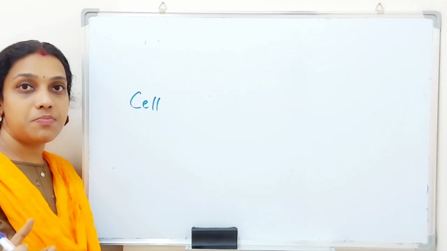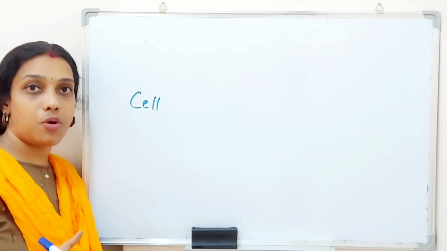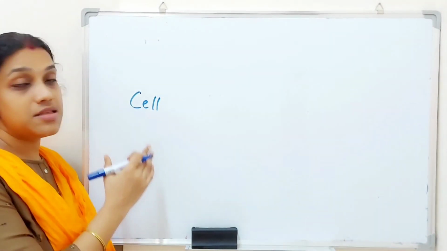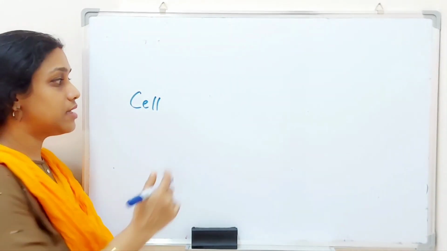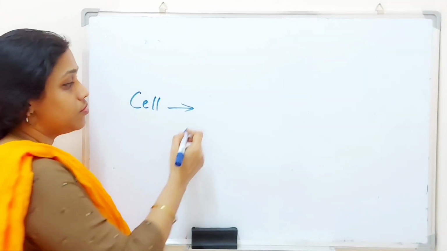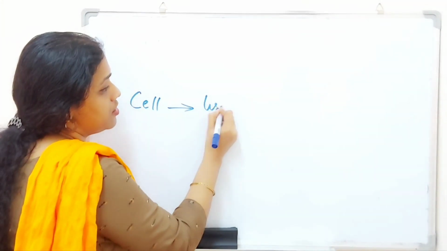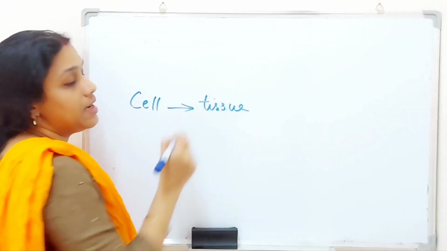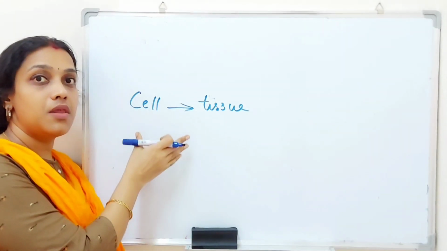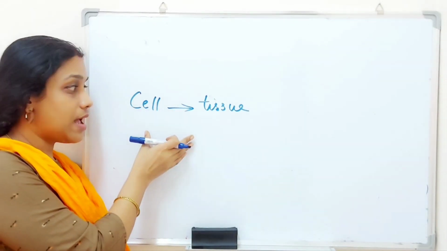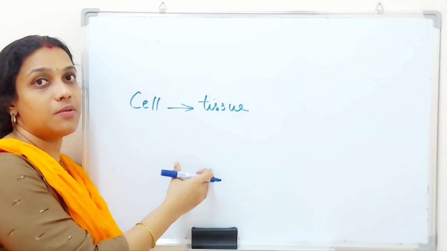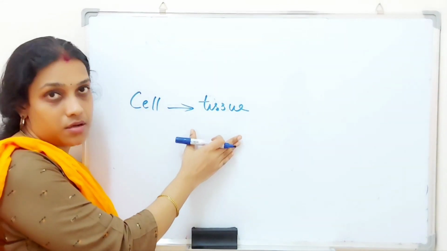Such a mass of cells having some common properties or common functions will be assembled together and give rise to a new level, that is known as the tissue. So from the assembling of cells, a new level of development is formed, known as the tissue.